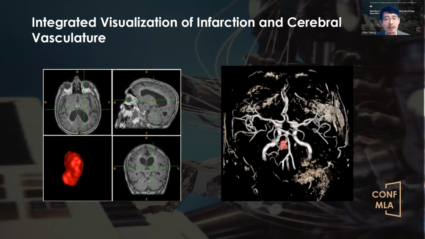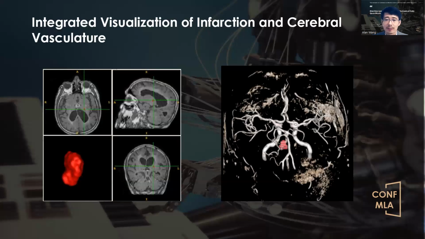For example, on the left side, the lesion of the infarct can only be displayed in this FLAIR image or T2 image, while for the vascular structure, originally it's difficult to identify the lesion.